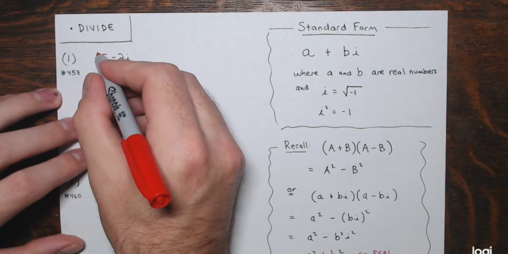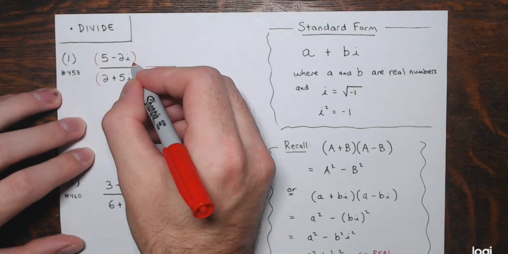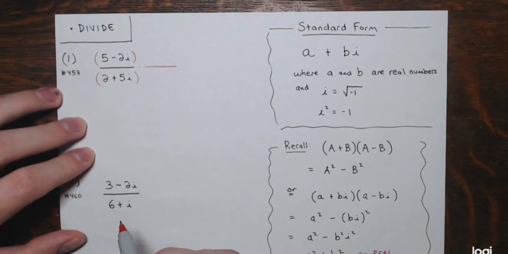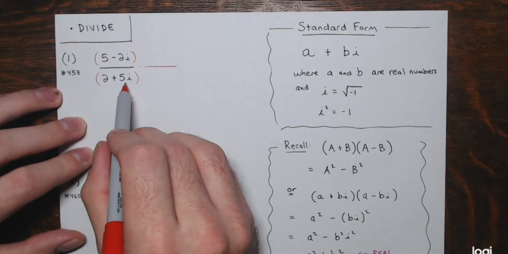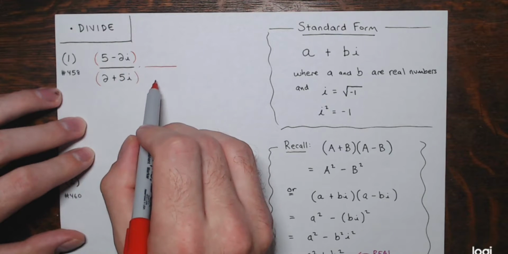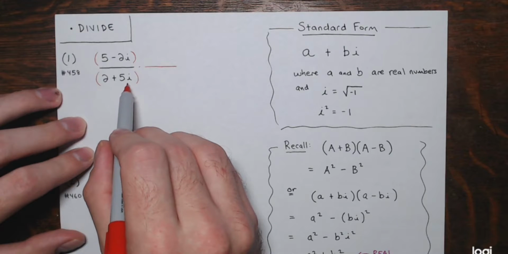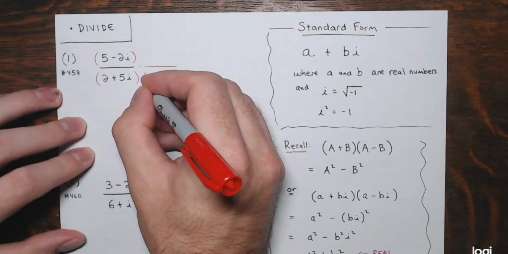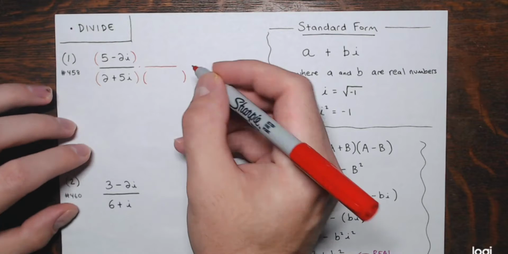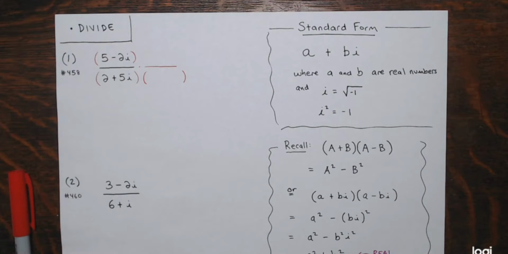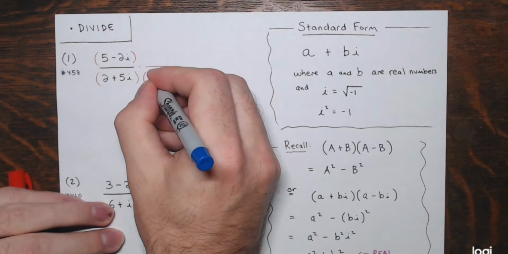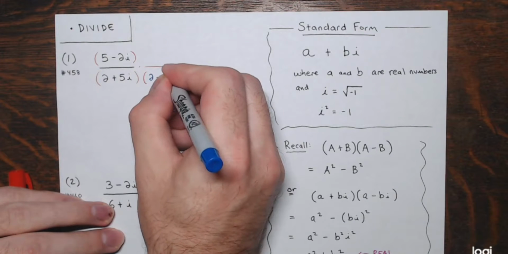Since each of these has two terms, I'm going to put parentheses around them. I'm going to multiply the numerator and denominator by the conjugate of the denominator. 2 plus 5i, the conjugate would be 2 minus 5i.